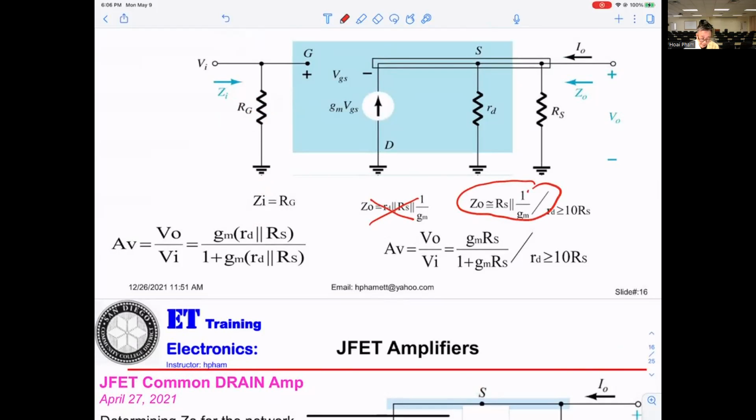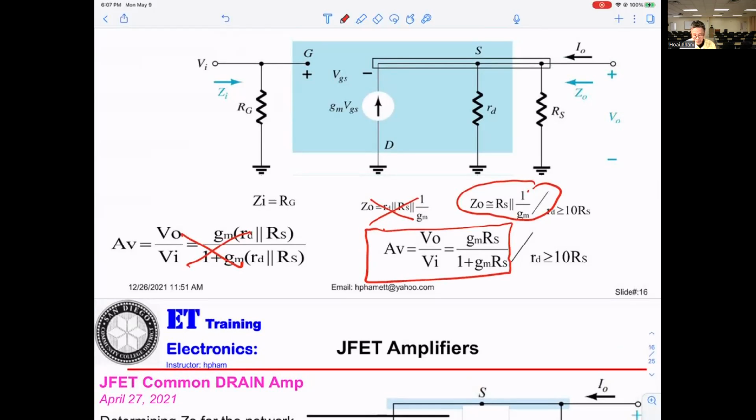And also, you want to calculate the AV, the gain. This is the formula we'll be using, not that one. That one also includes output impedance small d. That is not practical to do.